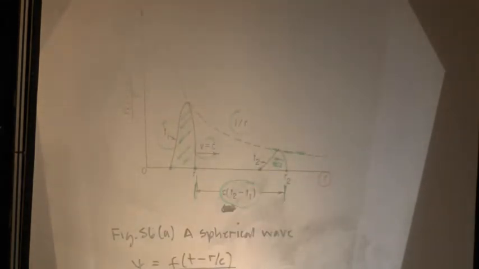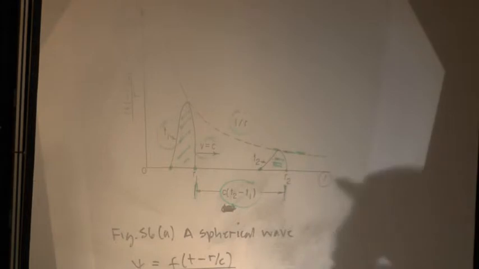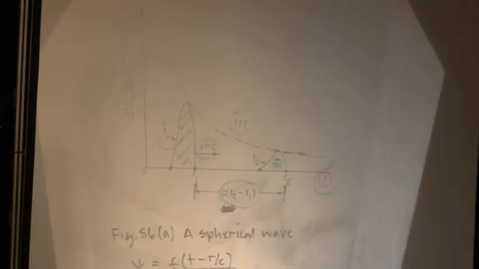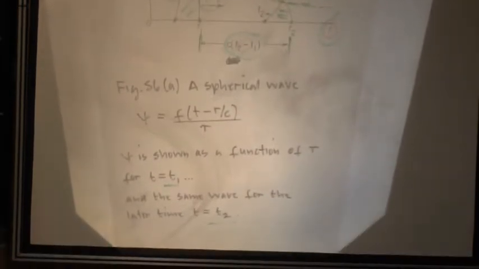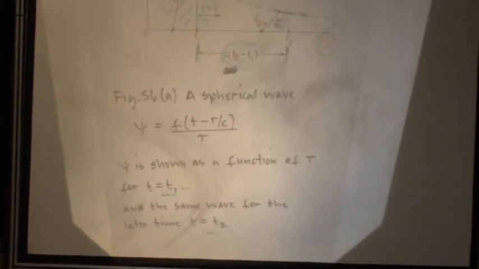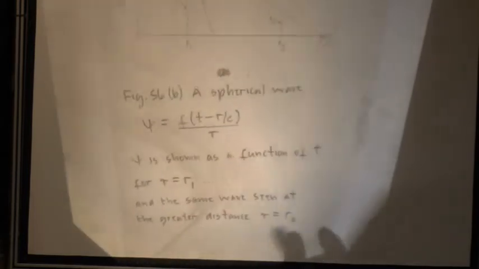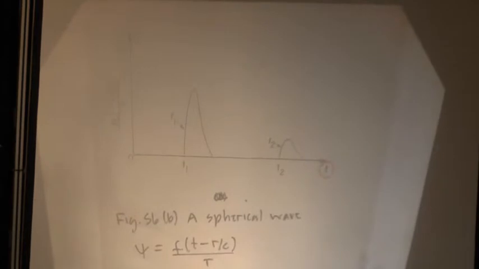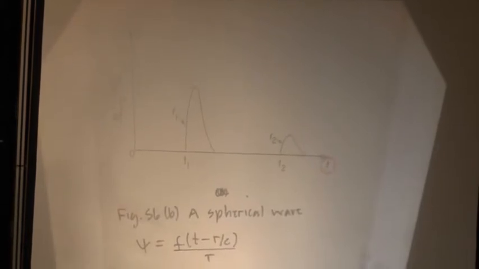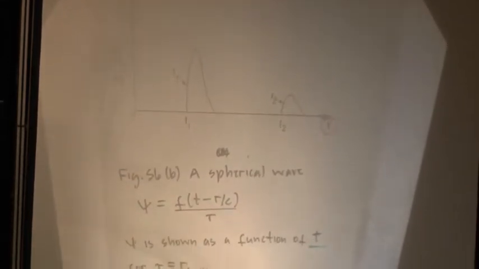So even if we neglect the complicated angular distribution, we've also got that the wave distorts. So that's representing the wave as a function of r, taking two snapshots at time t is 1 and t is 2. And I can look at the same thing, it's shown in figure 58b for a spherical wave. I could simply show it as a function of time for a couple of different distances.